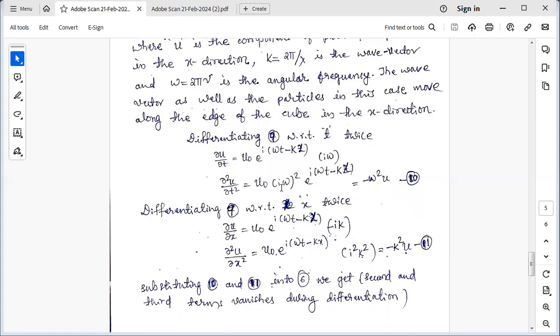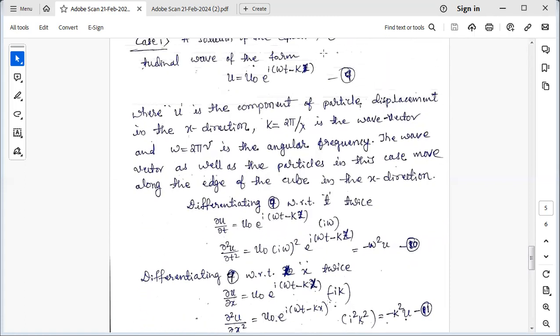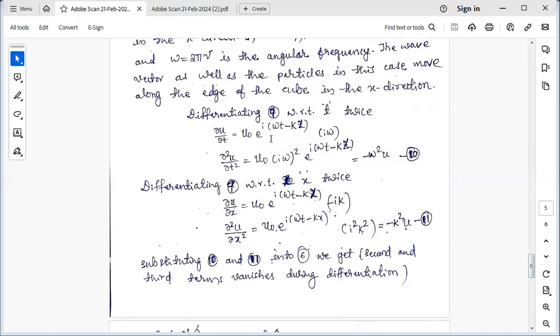I square is a complex number, its value is minus 1. And this u naught into e raised to i omega t minus kx, I have written again as u, because u is given by this. So this part you can write as u, and this is omega. So it is minus omega square u.